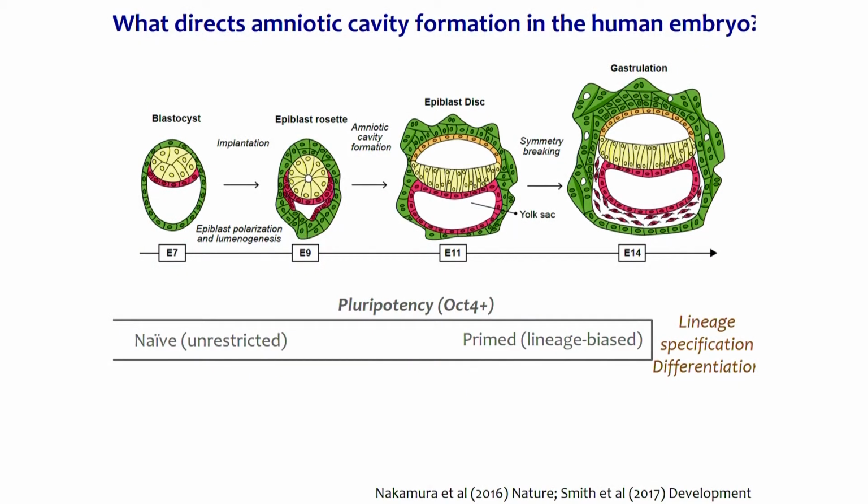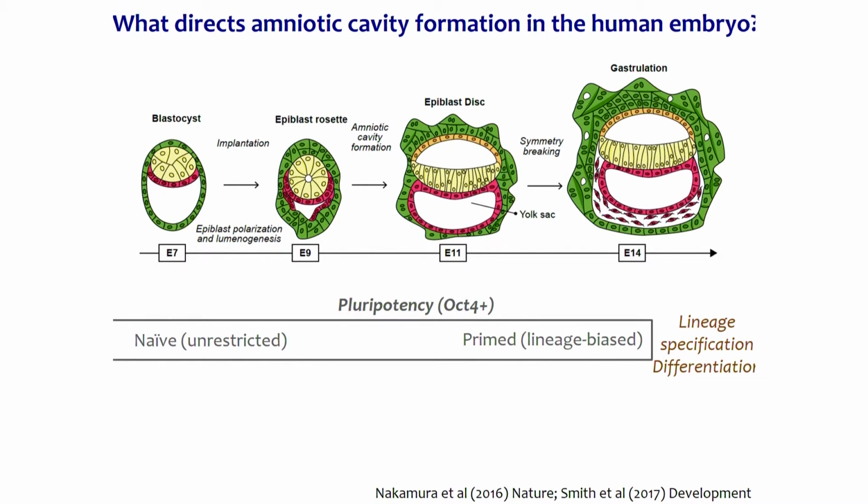Well, we thought there will be something else that is needed, and this is when we started to look at the pluripotency features of these cells. So these embryonic cells that are undergoing this transformation at implantation are pluripotent, meaning that they will give rise to all the cell types in our body. But we know that as soon as the embryo implants, they start to lose this property, these pluripotency features.